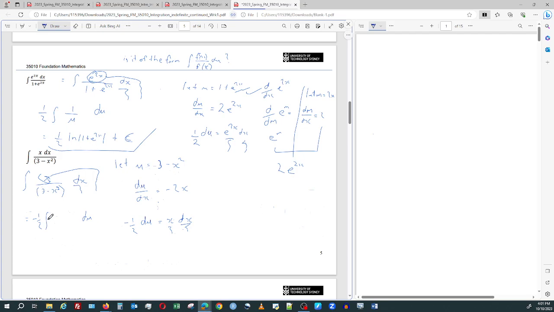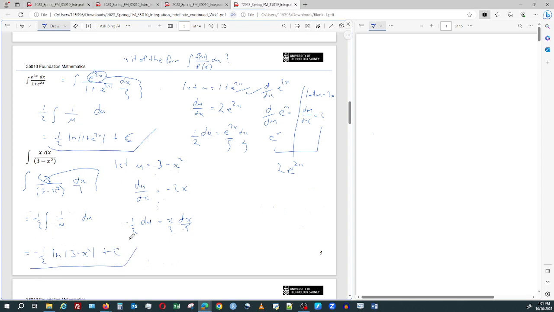The integral of, now they've been subbed out, we're just left with 1 over u. 1 over u, of course, integrated is the ln, so we get minus 1/2 the ln of u, which itself was 3 minus x squared, plus c.